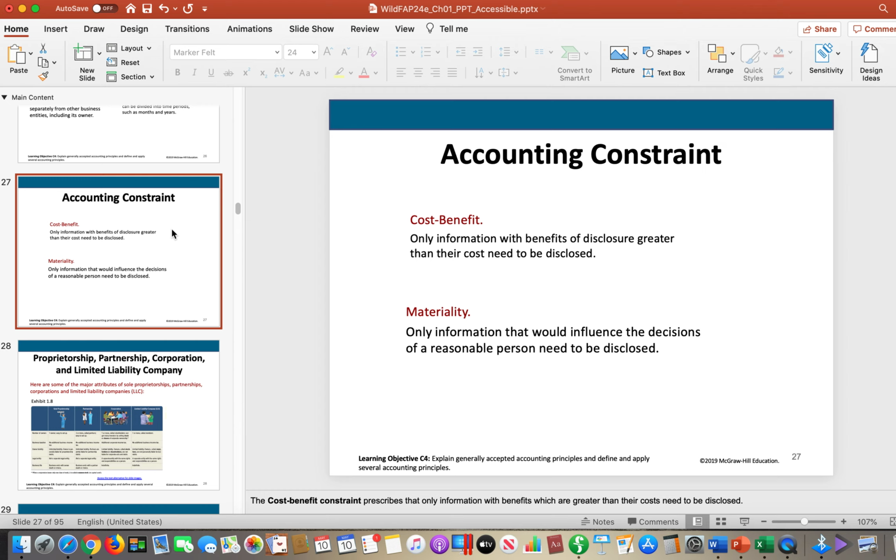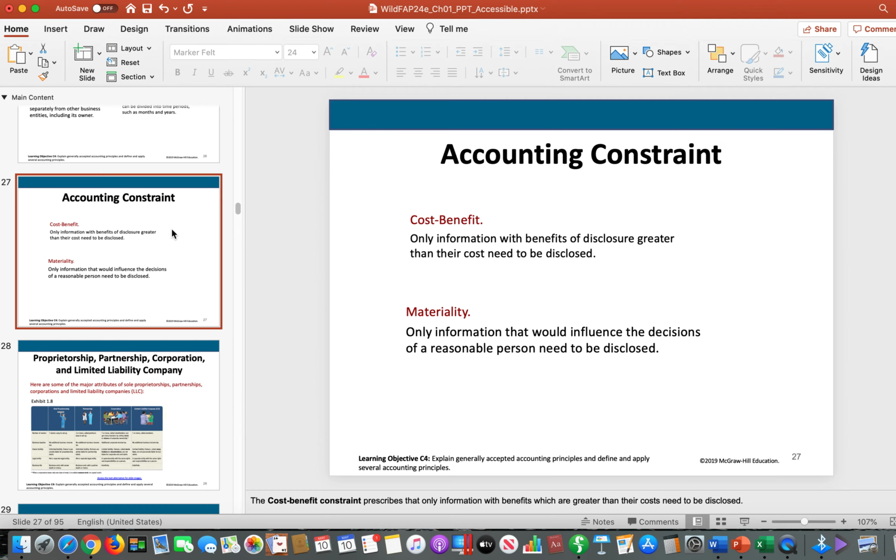Then materiality is closely related to that. Let's put it this way: is the information material? Information is material if it would influence a person's decision.